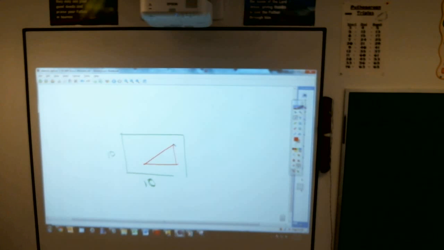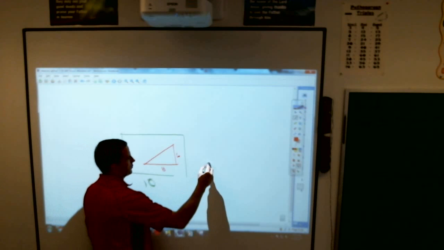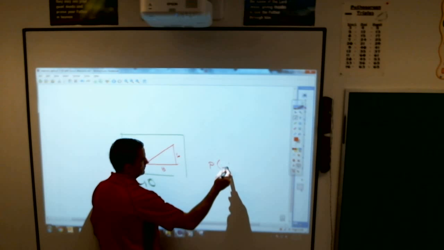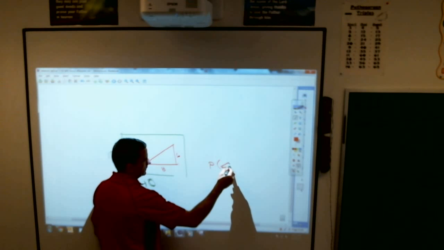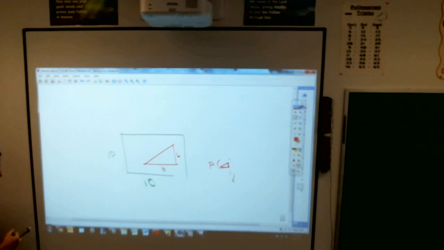And the triangle is a 6 by 8 triangle. What's the probability of landing in the little triangle? You should be about done. Or very close to it.